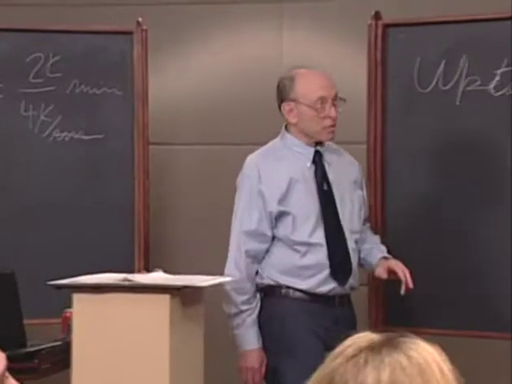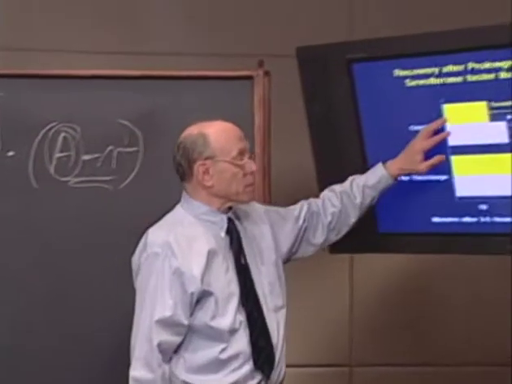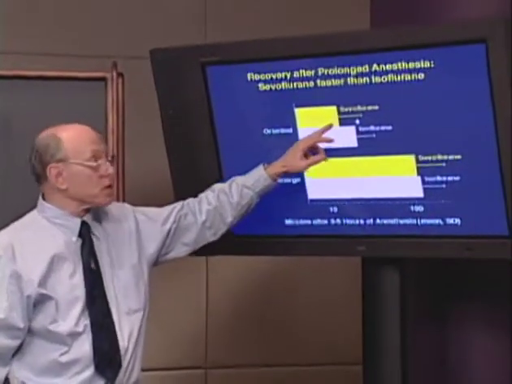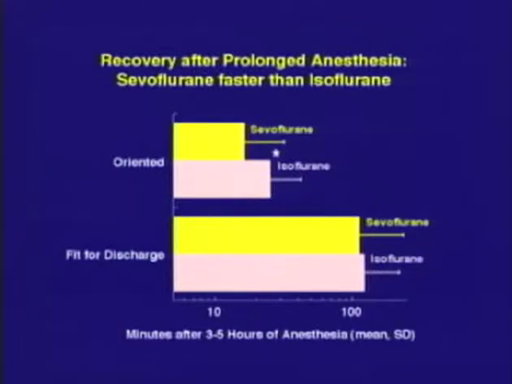I can tell you that with a comparison of sevoflurane and isoflurane, we see the same sort of thing in time to orientation, with sevoflurane showing the shorter time to orientation for an anesthetic that is 3 to 5 hours in length. And I will show you in a moment some other studies which again support the importance of solubility in terms of prolonged anesthesia.